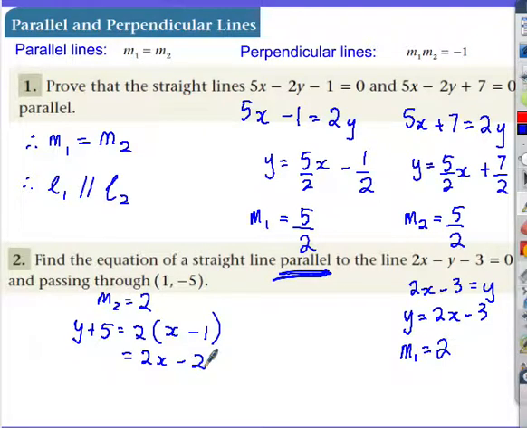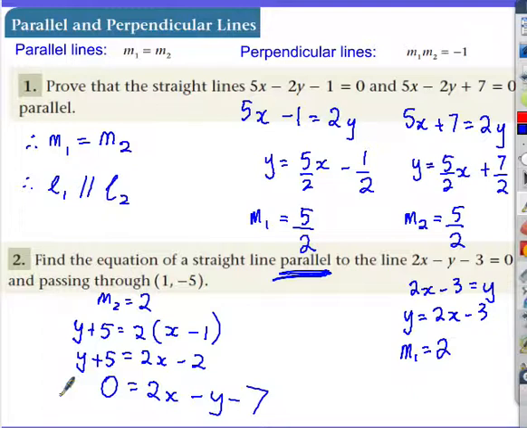And we want to put our equation in general form. So remember, in general form, the x term goes first, then the y term, and then the constants. In general form, there's no fractions and the coefficient of x is positive.